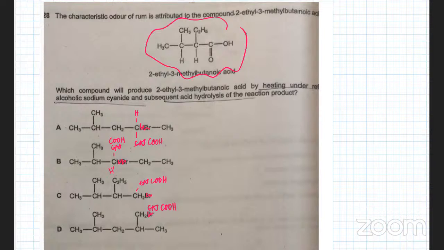So which one is the correct option? I mean, who's producing this molecule over here? You would have to compare everything. NaCN, Br replaced with CN, and then hydrolysis, it changes into COOH.